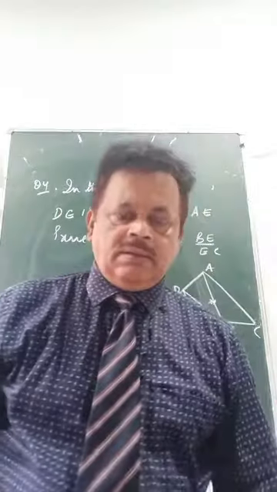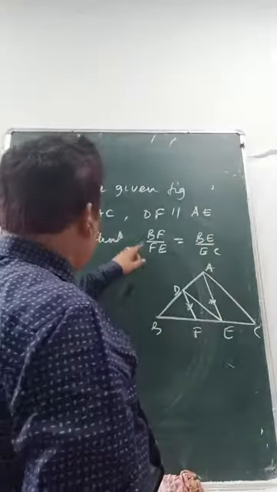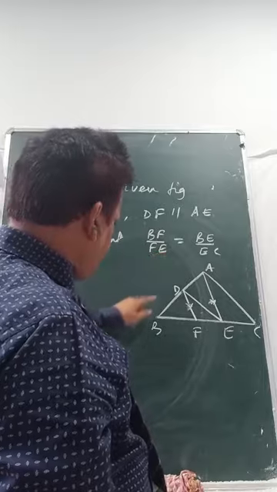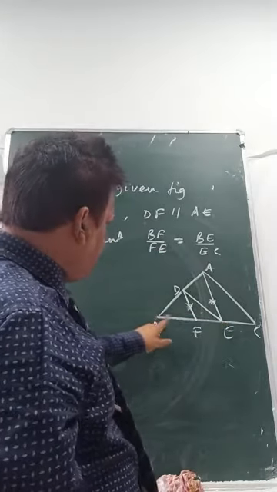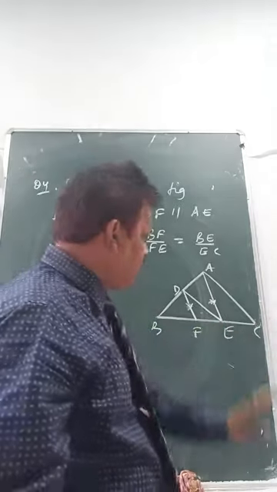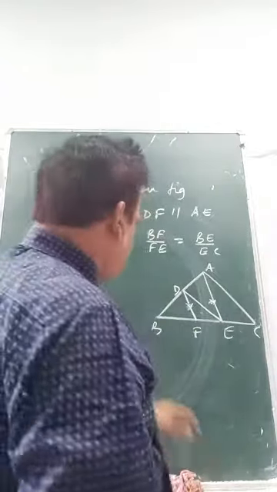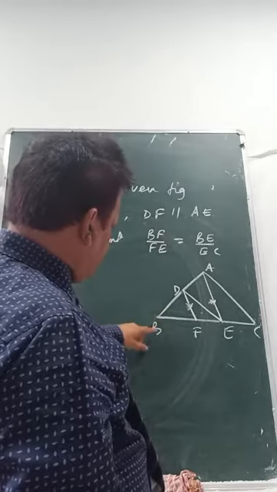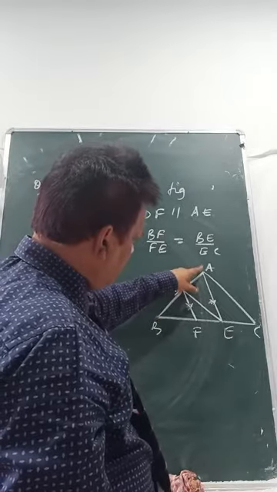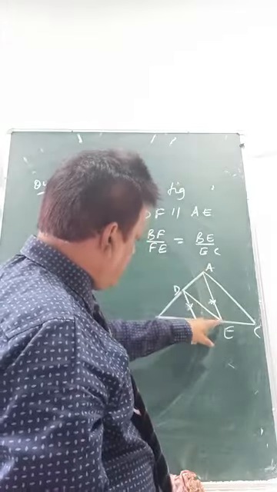Okay. So you want to prove BF by FE equals BE by EC. Now look, you take BAE triangle.